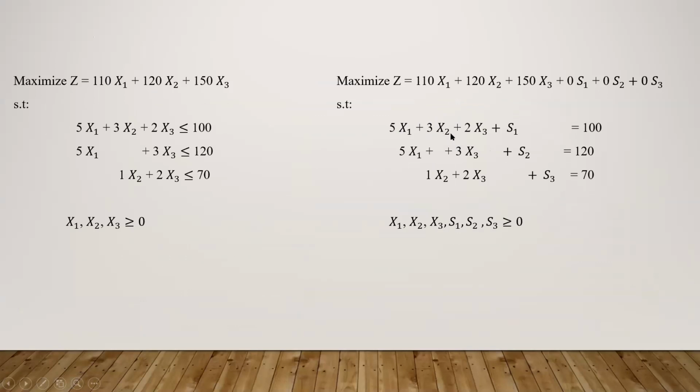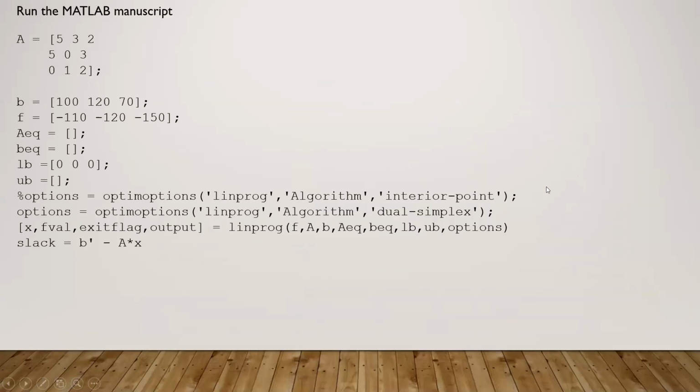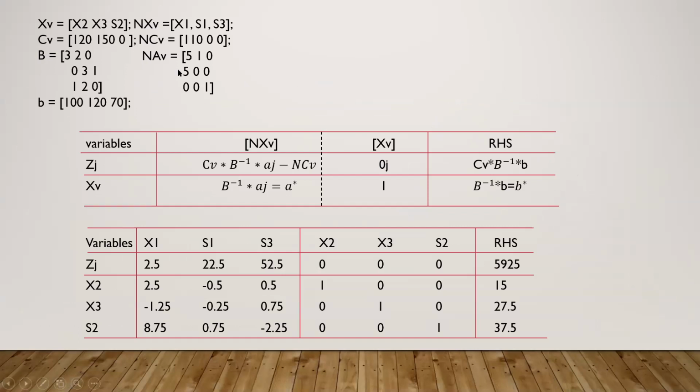There were x2, x3, and s2. So B will be 3, 2, 0, then 0, 3, 1, then 1, 2, 0, which is over here. This is matrix B. You will take the inverse, then multiply it by b.